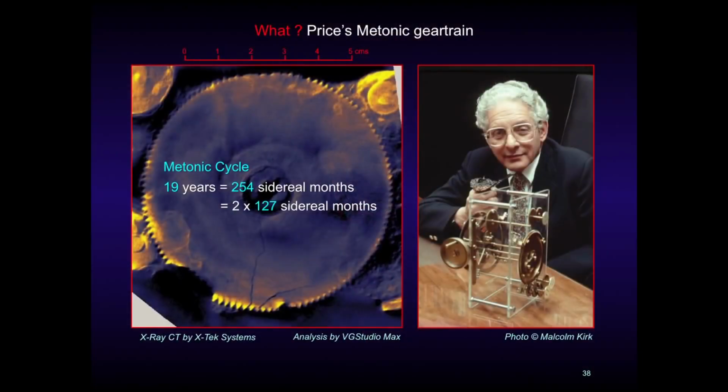But it turned out to have great significance because 127 is half of 254. It's the large prime factor of 254, the number of sidereal months in the 19-year Metonic cycle. So what Rem had found in the inscriptions, the Metonic cycle, Price found embodied in the gearing.